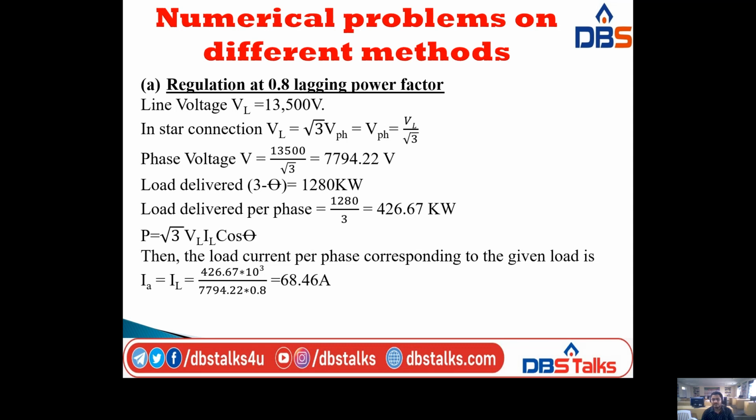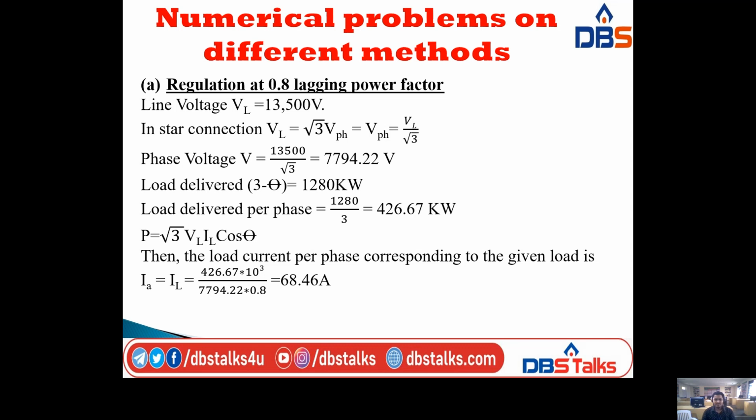Then the load current per phase corresponding to the given load, that is the load current or armature current, IA is equal to IL. From the equation P equal to root 3 VL IL cos phi, I am writing IL equal to P by root 3 VL.